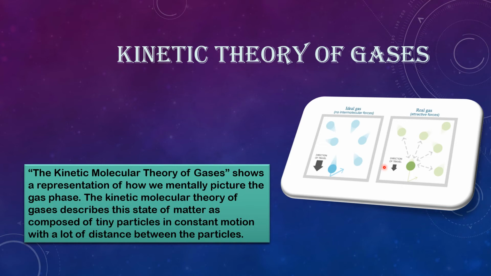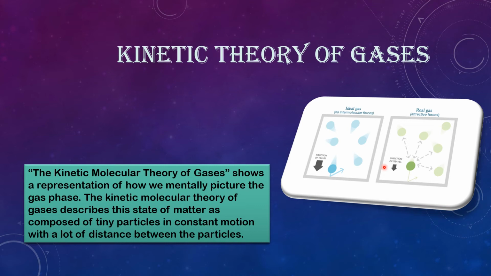Second one, the molecules of a gas within a container are believed to be in a state of ceaseless, chaotic motion in all directions with high velocities, continually colliding with each other and with the walls of the container.